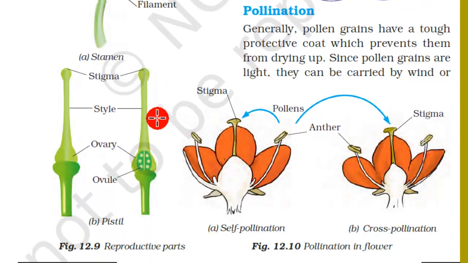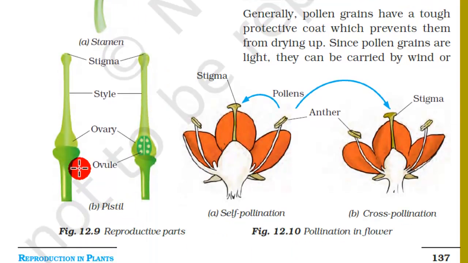This is the filament, and in this picture we will see different parts. This is the pistil, and this area is called the ovary, and under the ovary we will see ovules, and this part is the style, and the uppermost part is the stigma.